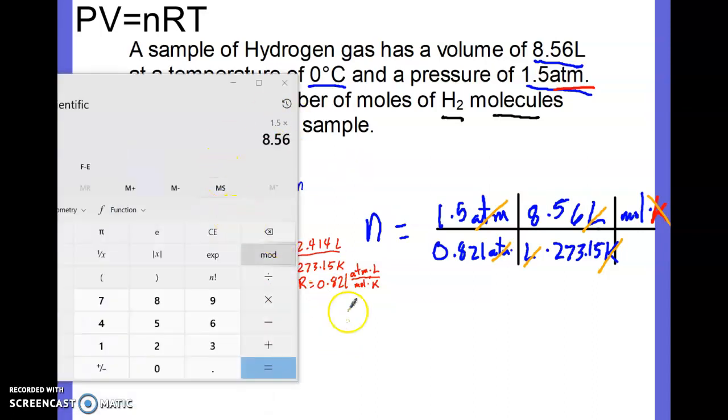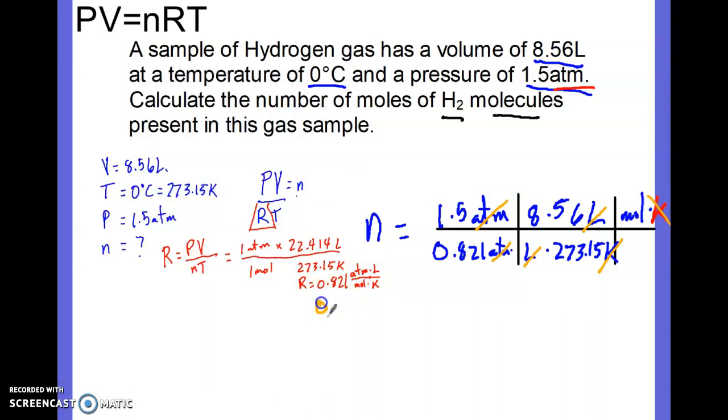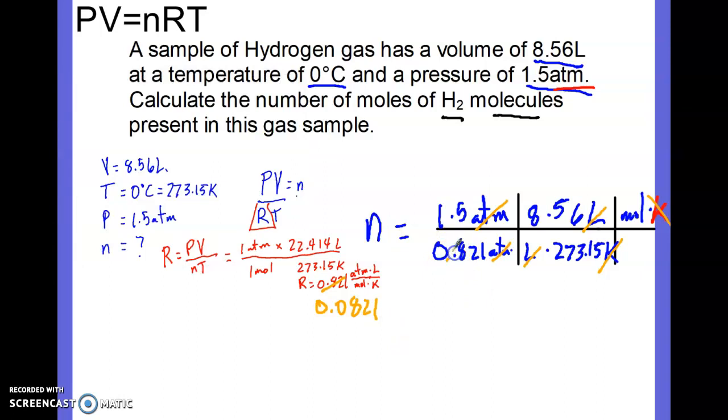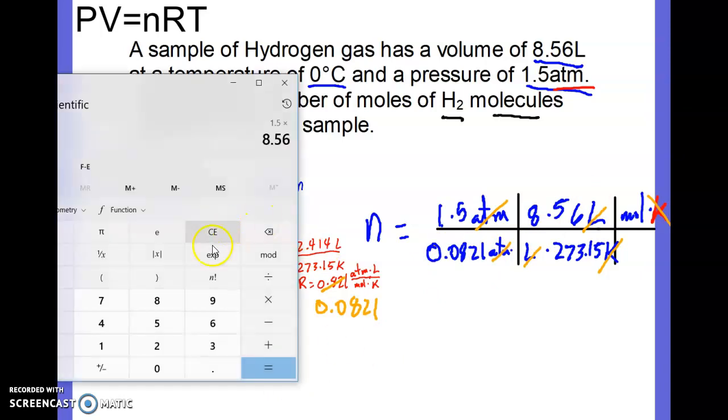So notice a mistake here. This should be 0.0821, atmospheres times liters per mole Kelvin. Just so we don't mess ourselves up here, let me just correct that. Very important to be able to read correctly off the calculator. Very easy mistake to be made.